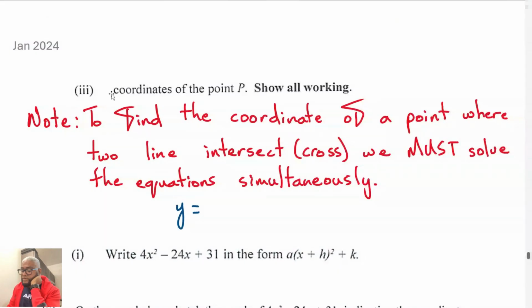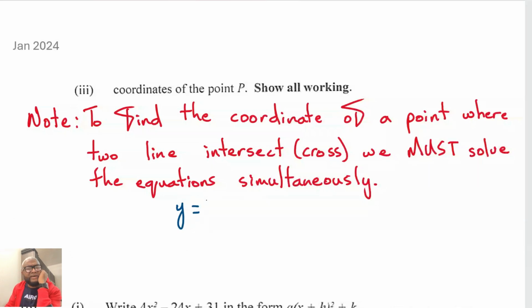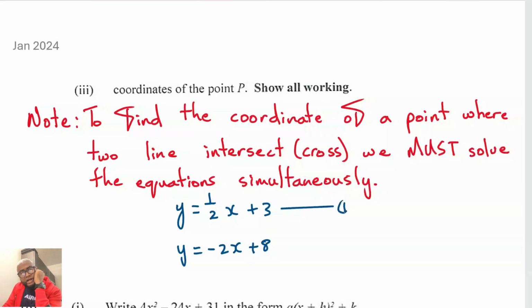What's the first one? Y is equal to what? Y is equal to a half x plus 3, and the next one, y is equal to negative 2x plus 8. Equation 1, equation 2, right?